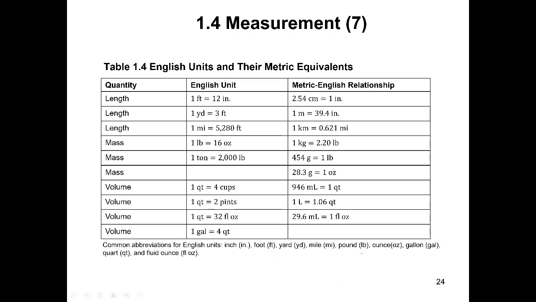Since we live in America, we have to convert our English units to metric units because we don't do English units in science. And so until we decide to convert everything to the metric system, which probably will never happen, we in science have to do those conversions.